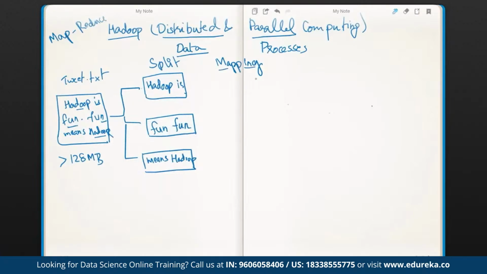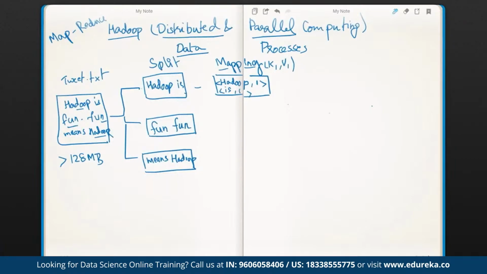So for a simple process like this, what is this mapping? As I said, it's simple. In this mapping step, for each of the words contained in the block chunk, I'm simply going to append a 1, which means I'm going to create something called a key and value pair.